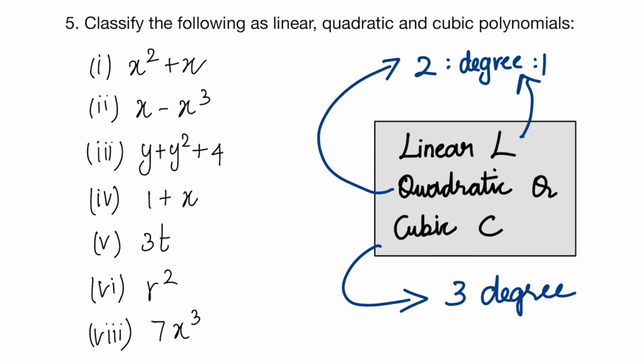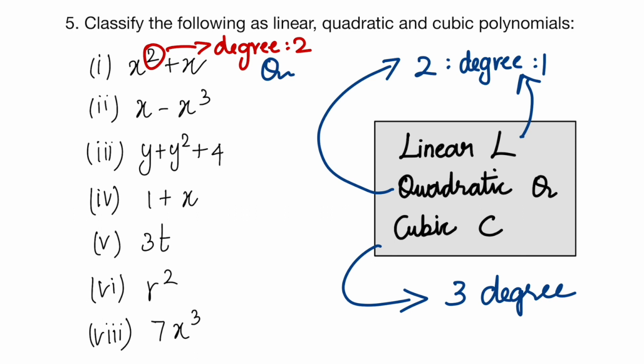Okay, now with that said, we are just going to rush through these subdivisions and mark them as linear, quadratic or cubic. Okay, the first one here has a degree 2, right? It has a degree 2. So this you can say it as quadratic.